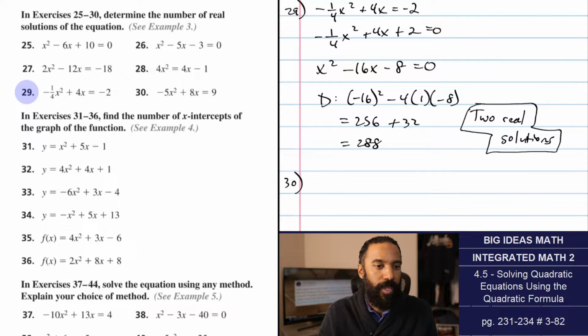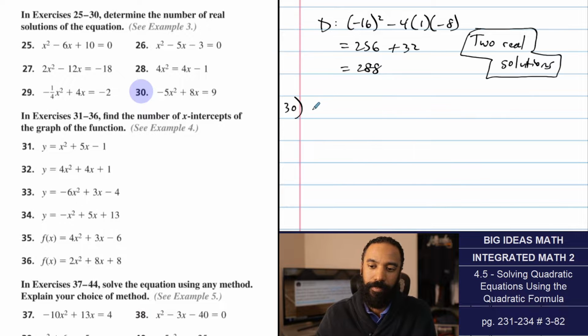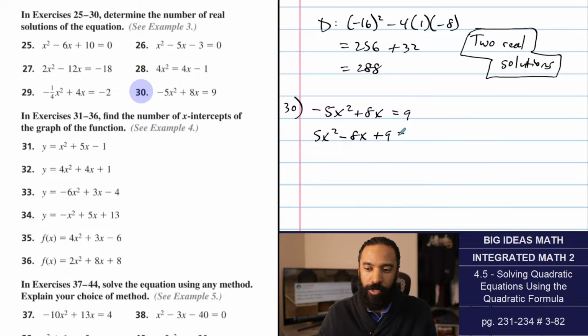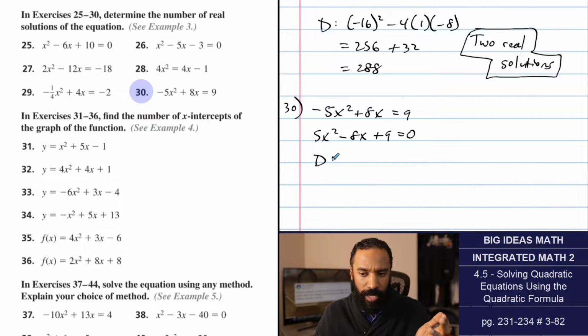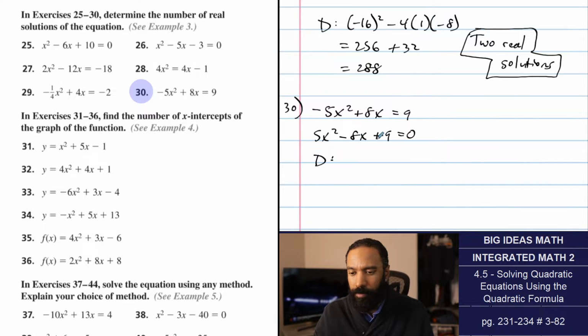And then number 30, we have negative 5x squared plus 8x equals 9. I'm going to add 5x squared over and subtract 8x over and get 5x squared minus 8x plus 9 equals 0. And I don't see that as factorable. Not that I'm trying to, but I don't believe it's factorable.